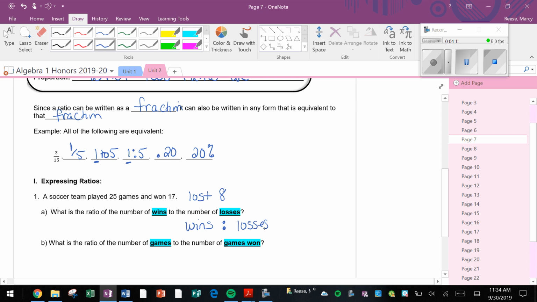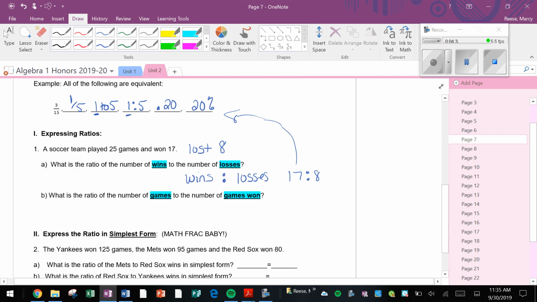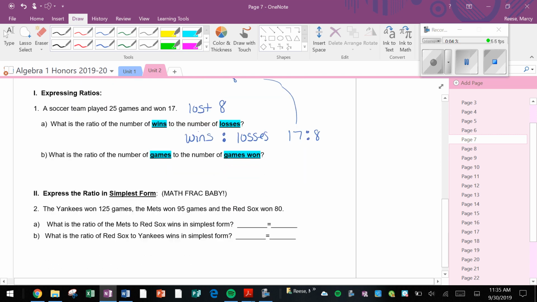Based on what they say in the problem is how I want to write it. Wins to losses, easy. 17 wins to 8 losses, okay? Again, it can be written as any of those up on the top, but we're not going to go into all of them. You understand, instead of 1/5, it's 17 to 8, okay? You're going to do 1B, and then we're going to check it tomorrow, okay? So you do 1B. Let me keep moving, though, so we can get through this.